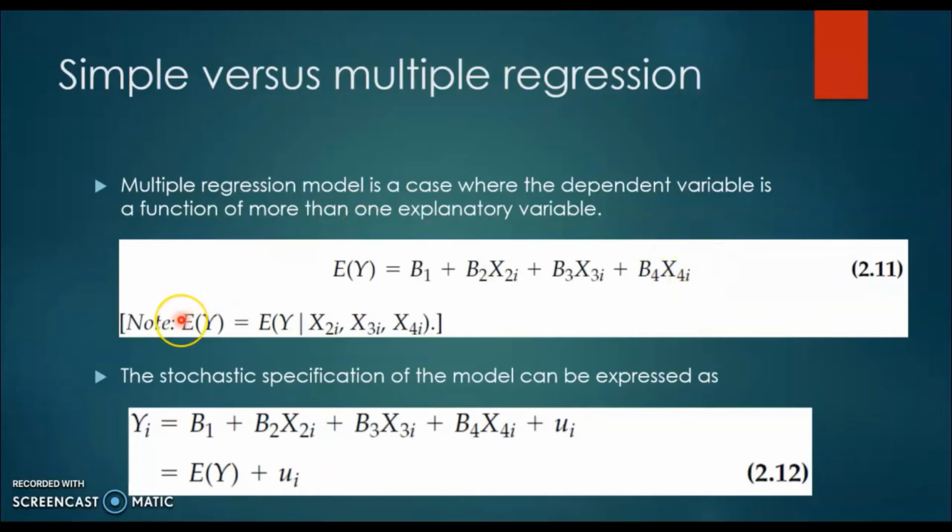Of course, here we have the expected value of y, which is the same as, or can be interpreted as, the expected value of y given a particular value of three independent variables, x2, x3, and x4.